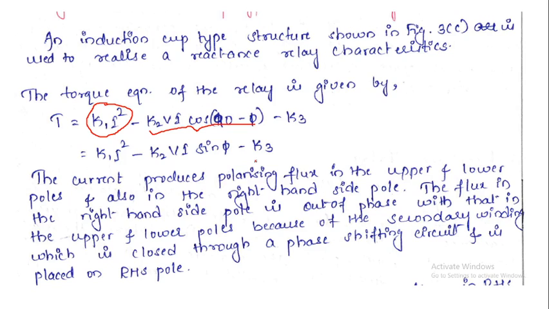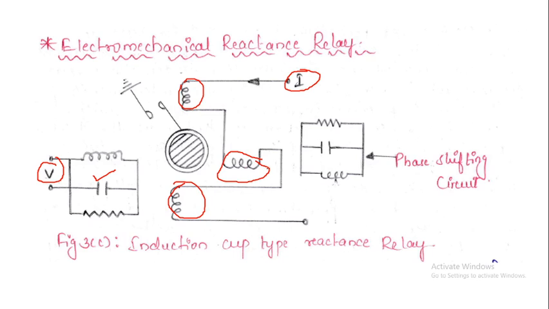The flux in the right hand side pole is out of phase with that in the upper and lower poles because of the secondary winding, which is closed through a phase shifting circuit and is placed on the RHS pole. Okay, so whatever flux is produced in this right hand side pole, it is closed with a phase shifting circuit.